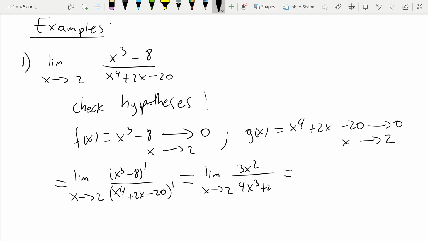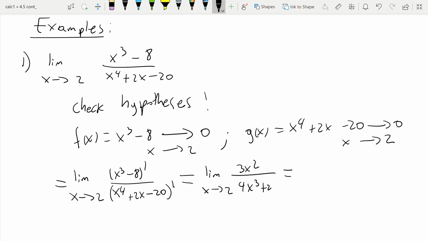So here the top and the bottom are both continuous functions, so the only thing preventing us from evaluating this would be if the denominator vanished at the point x equals 2. But this is not the case because when x is equal to 2, this expression is clearly non-zero.